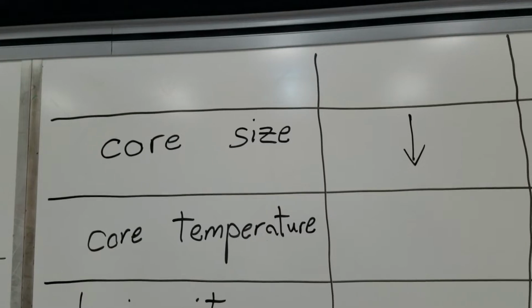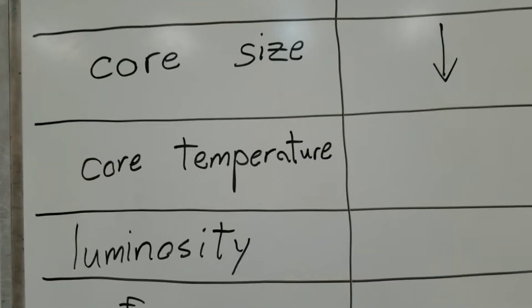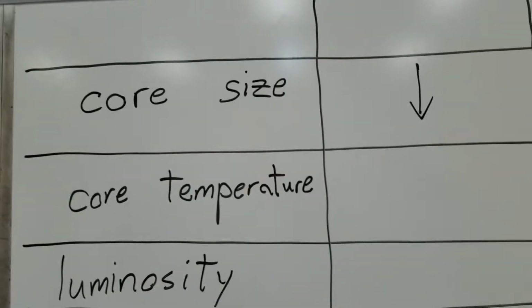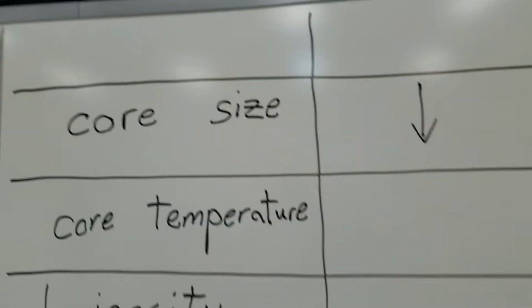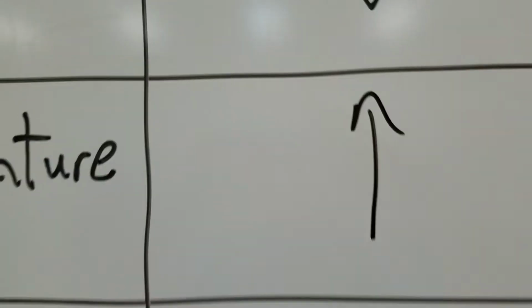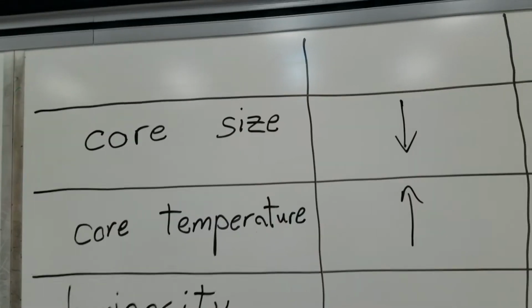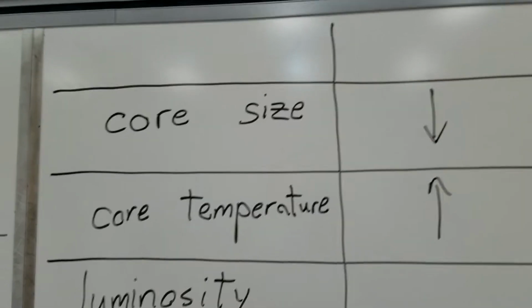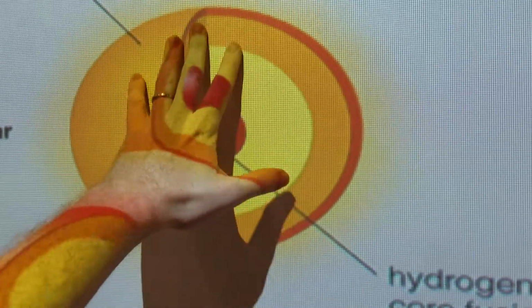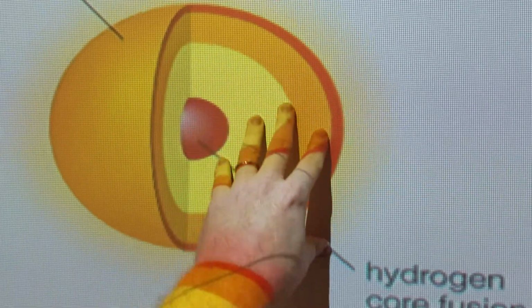Now, if we're crushing the core, that means we're crushing a gas. And if you remember, if you crush a gas, it gets hot. So if the core is shrinking, the core temperature will go up. Now, at this point, remember, the reason that the hydrogen around the core was not fusing before is because it wasn't hot enough out there.